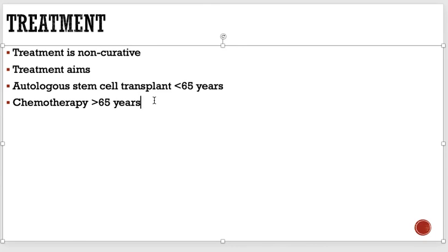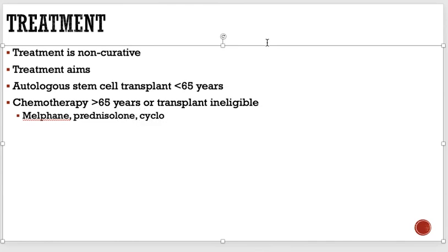Or anyone who is transplant ineligible. Okay. So what kind of chemotherapeutic drugs can be used? Again, there are many. Melphalan can be given. Prednisolone can be given. Cyclophosphamide can be given. And many others.